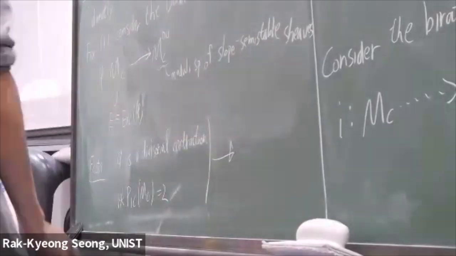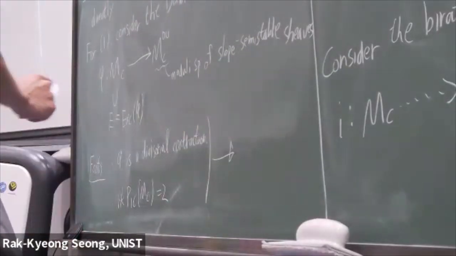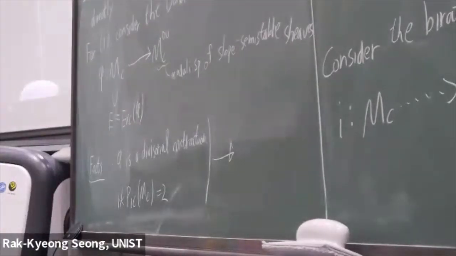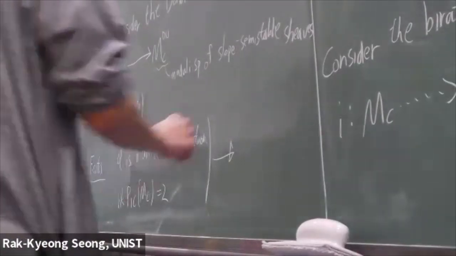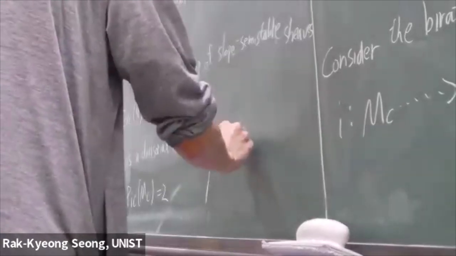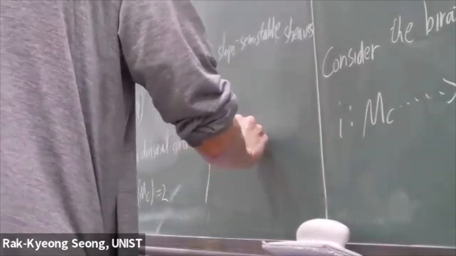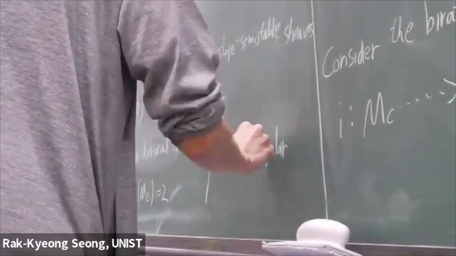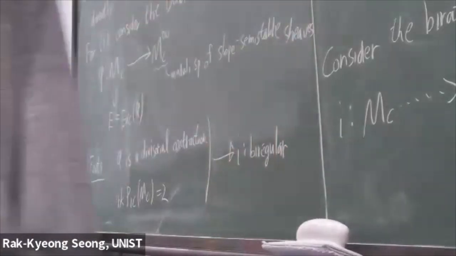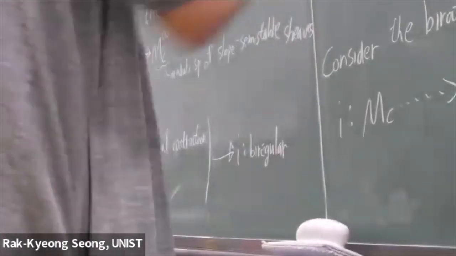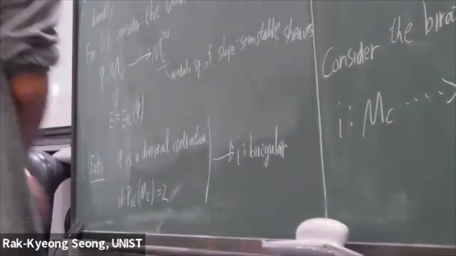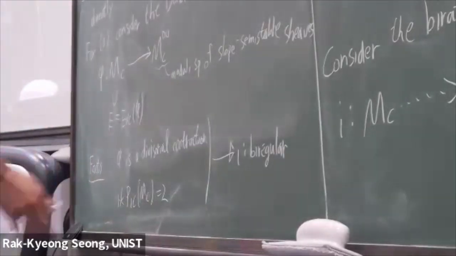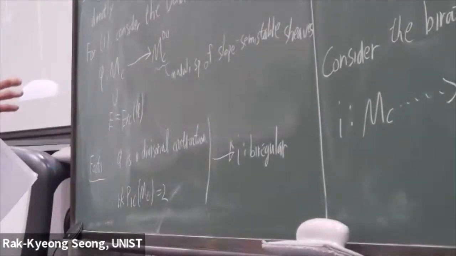By combining these two facts, we can show that this birational involution preserves ample divisors. As a consequence, we can say that I is biregular. If the Picard rank of S is greater than 1, then the Picard rank of the moduli space also gets larger.